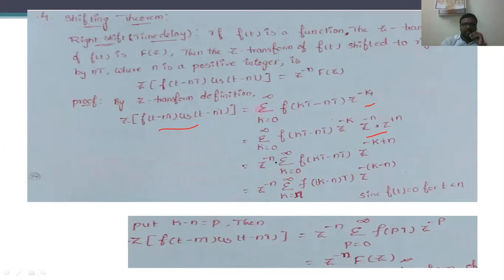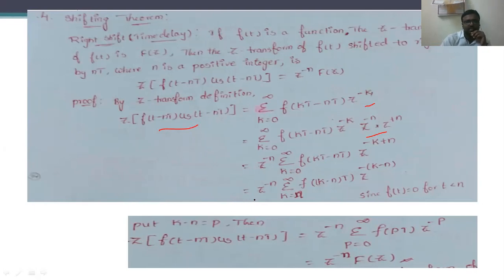Therefore, z power minus n into sigma k equal to 0 to infinity f of kT minus nT into z power minus k plus n. That means adding the powers, as the bases are equal, we need to add the powers.